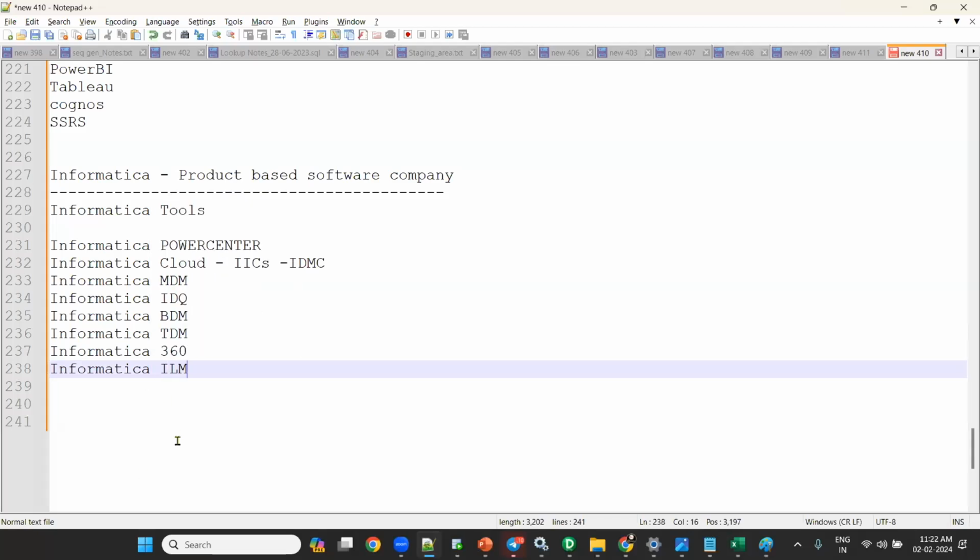These are all not ETL tools. Only the first two are ETL tools.